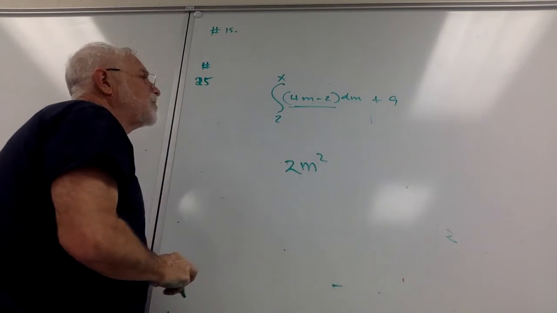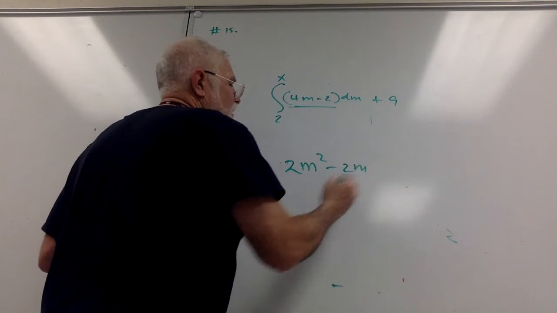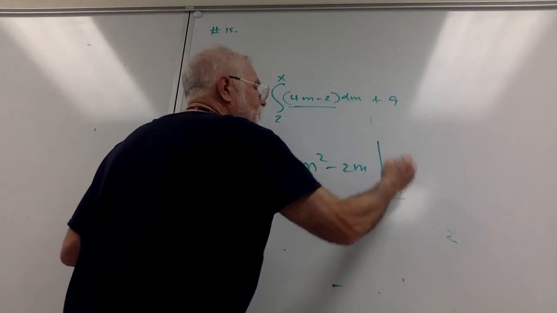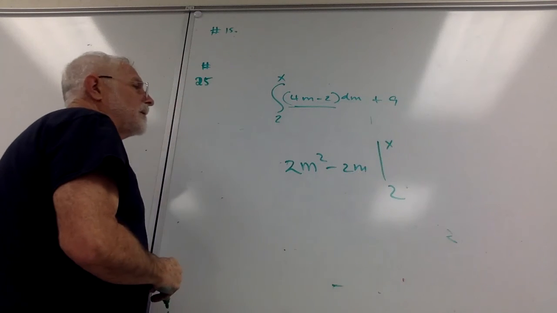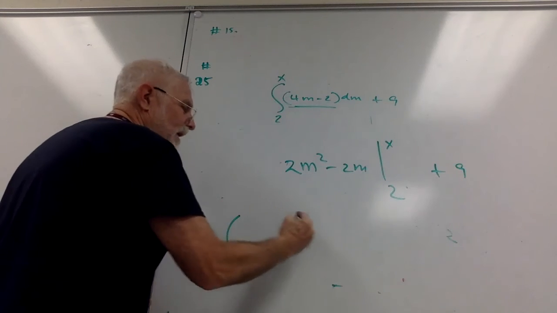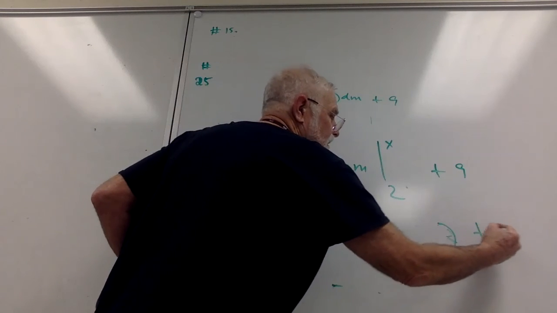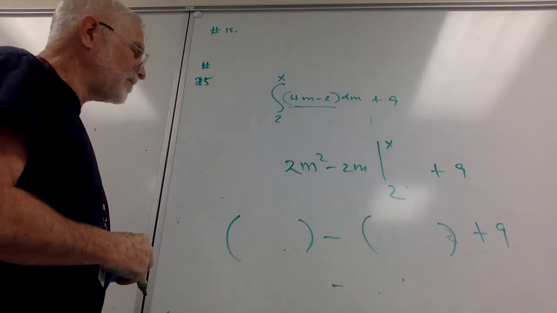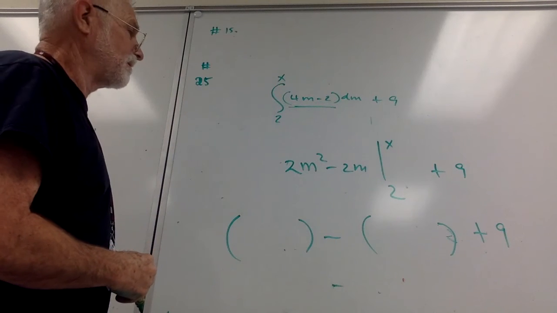Do I know what minus 2 came from? Oh, yeah, that's minus 2m. Do I know what to do with the 2 and an x? Oh, yeah, supposed to drop it in. And then the last thing I'm supposed to do is add 9. I know that's supposed to be one of these things because the guy here with the marker's been telling me to do that for the last month.